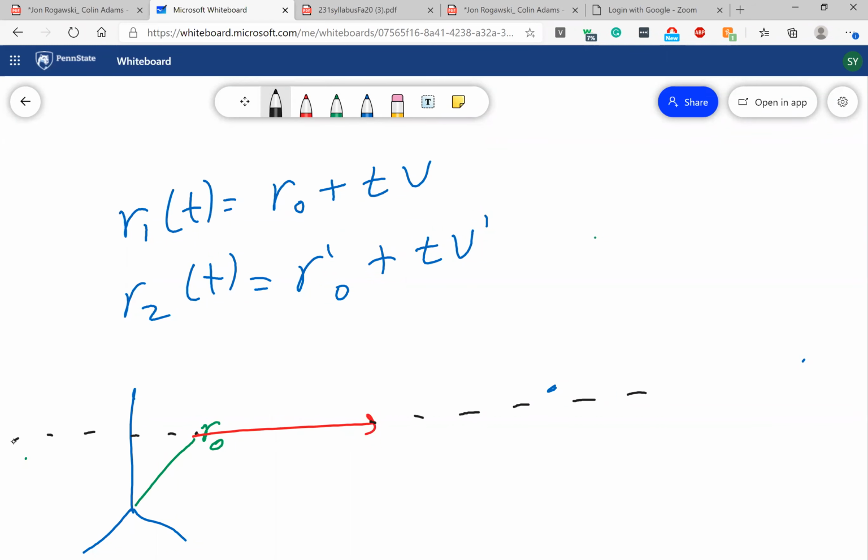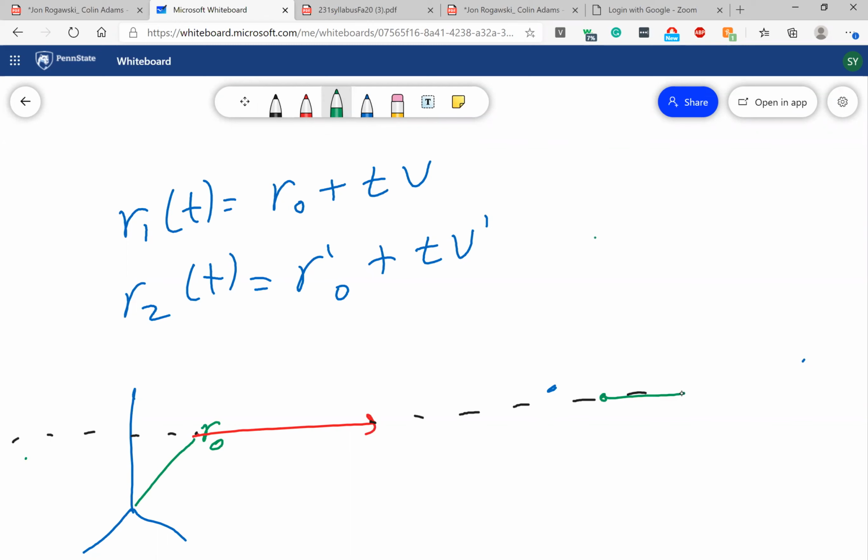So that's my line. Now, if this equation parameterizes the same exact line, then my V prime has to lie on this line. So my V prime is going to, let's say, not lie on the line, but at least be parallel with the line.